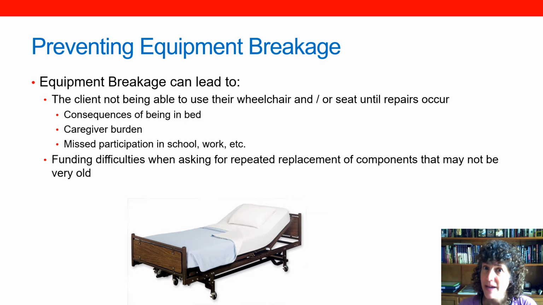There are a lot of bad consequences to our clients remaining in bed, from respiratory issues, swallowing issues, lack of participation, pressure concerns, etc. This also can increase a burden on the caregiver who has to care for this client in a different way if they cannot use their mobility equipment, and again, miss participation, school work, etc. It can also be quite a challenge to repeatedly ask for the same components because our clients repeatedly break them.